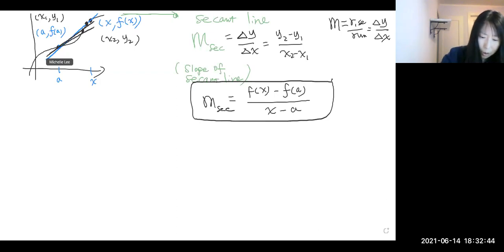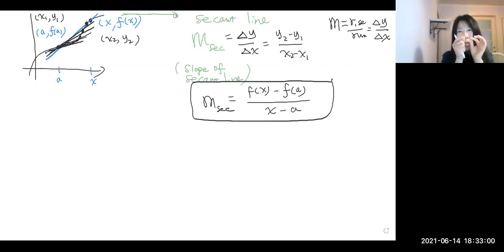Okay, this point move here, draw the line. Can you see that? The 2 points getting close to each other. Okay. So we call this the tangent line.